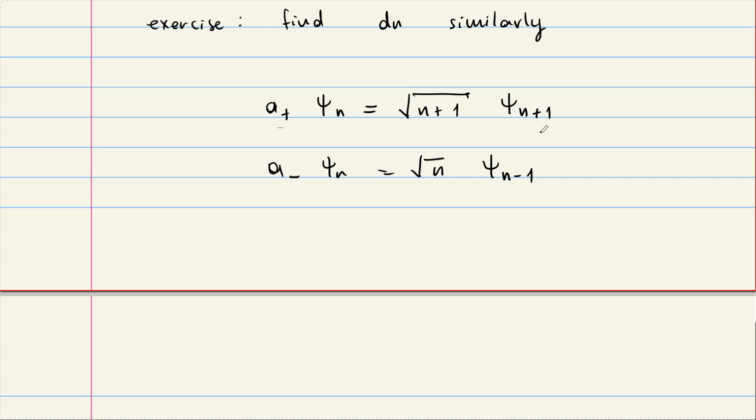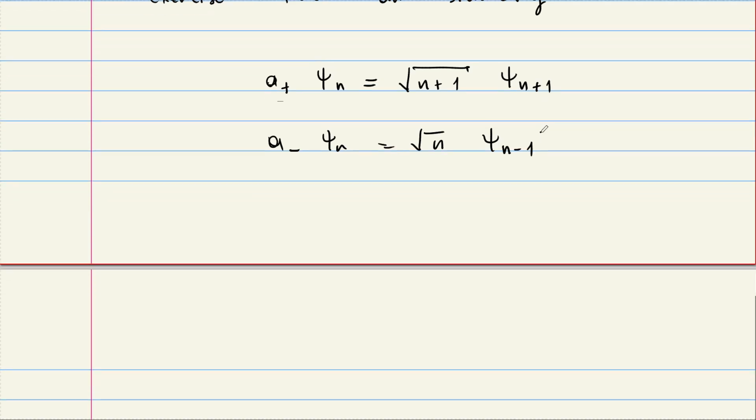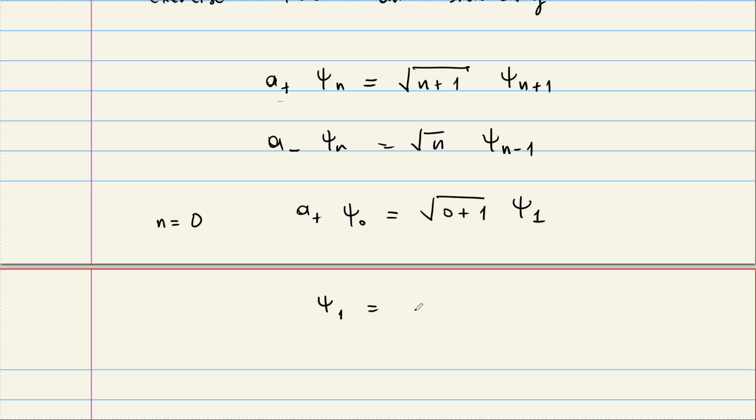Now, let's generate a couple of states like this to see that in principle all states are obtained and all solutions are found. If we have n equal to 0, A plus psi 0 is going to be equal to root 0 plus 1 psi 1. And then psi 1 is equal to A plus psi 0.